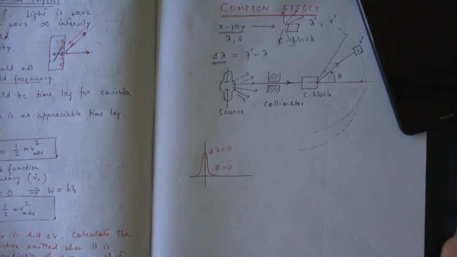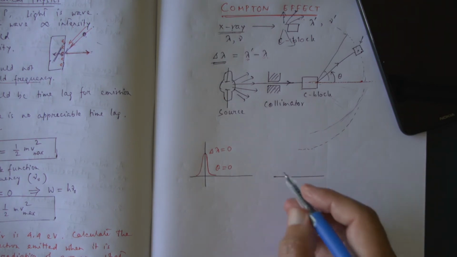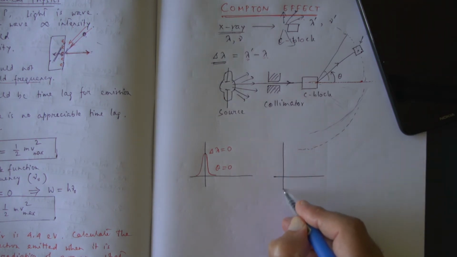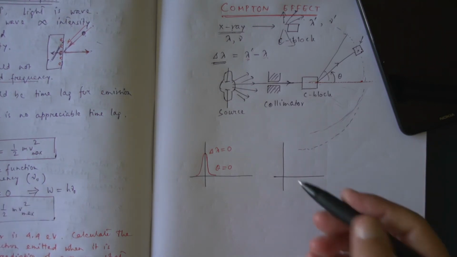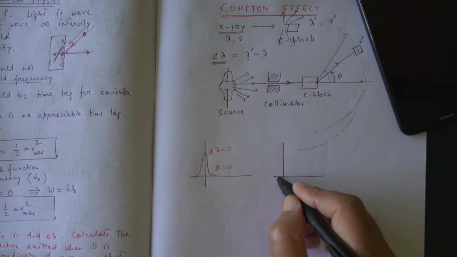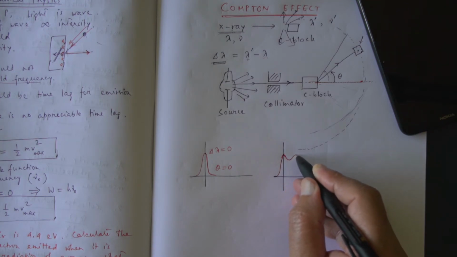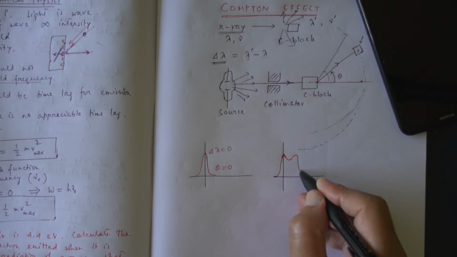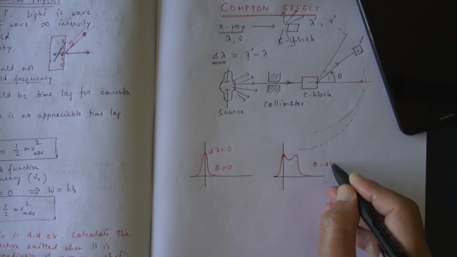But suppose this is the incident radiation, and say theta is 45 degree.